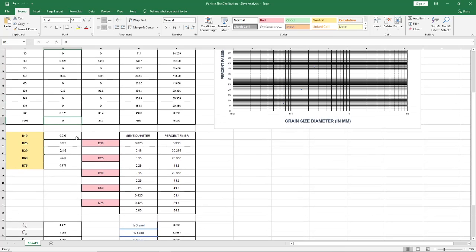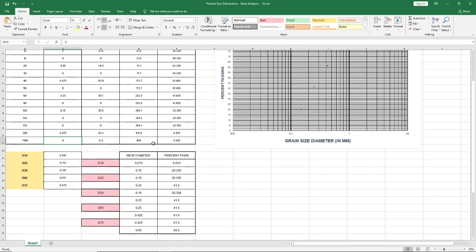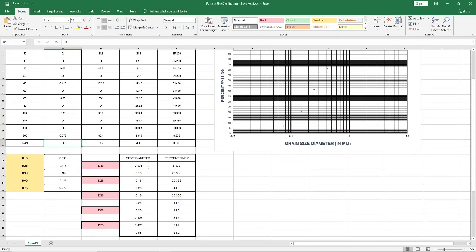So in D10, in order to get it, we need to see the table that we have made. Where is 10% located?